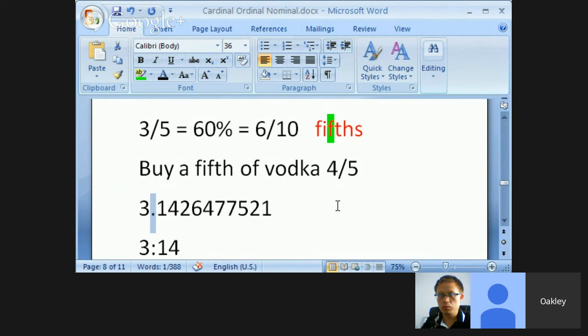But in numbers, we express it as point. 3.14264775521. However many numbers come after the point, we simply say each number. We never say hundreds or tens or thousands or anything like that. Doesn't matter how many numbers. One number, 100 numbers. All right.